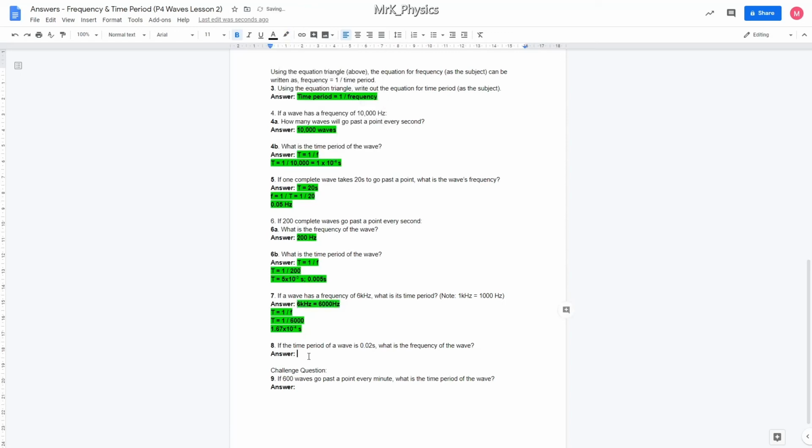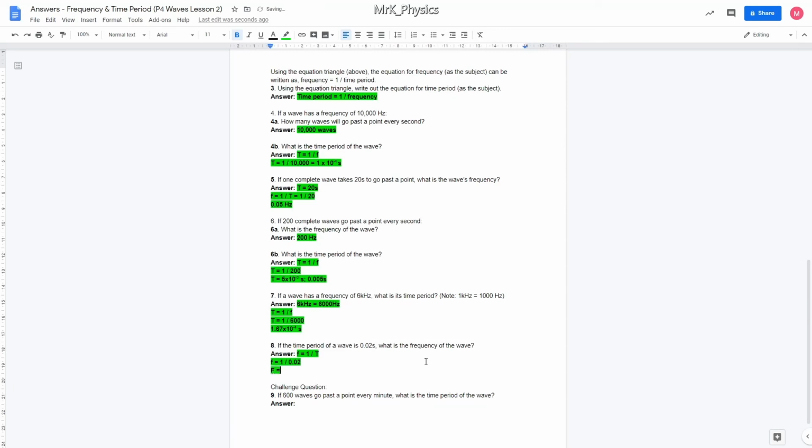Okay, so that question 7 had the additional step of the conversion. If the time period of a wave is 0.02 seconds, what's the frequency? So this time we're back to a frequency working out question. So what we'll do this time is, I'm going to steal it from here. So frequency equals 1 over time period, meaning that our frequency is 1 over 0.02 seconds this time.